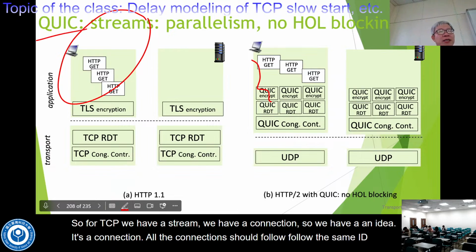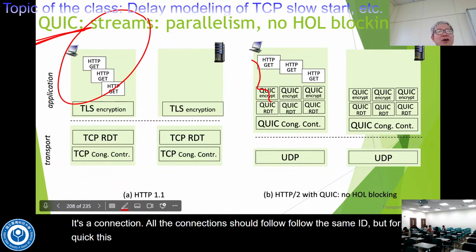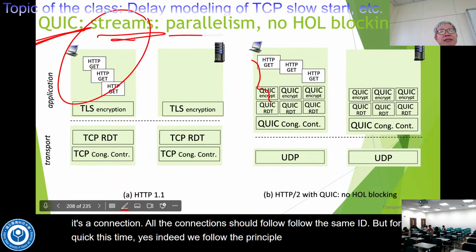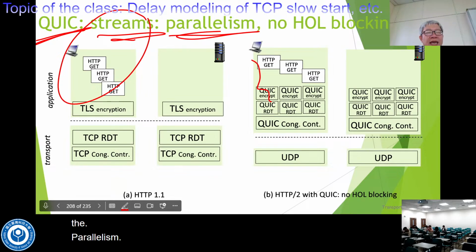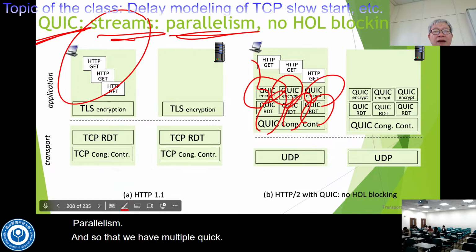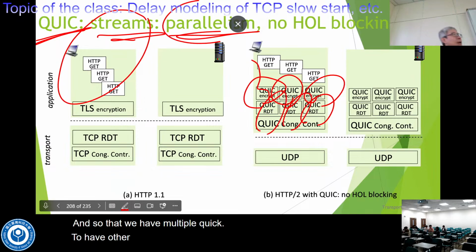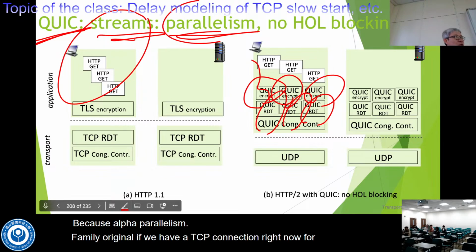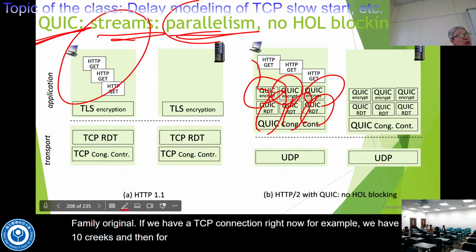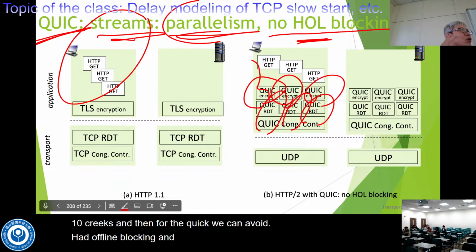But for QUIC this time, indeed, we follow the principle of streaming and have parallelism, so that we have multiple QUIC streams. Because of parallelism, something like originally we had one TCP connection, right now, for example, we have 10 QUIC streams. And then for QUIC, we can avoid head-of-line blocking. We call it no head-of-line blocking for QUIC.